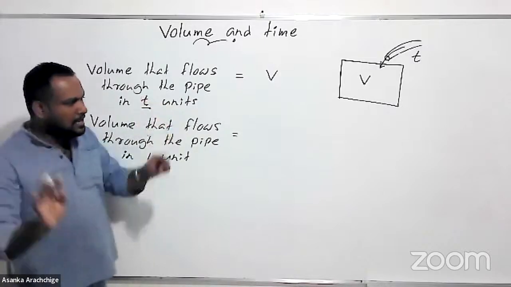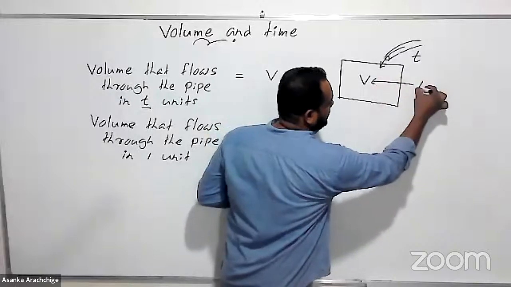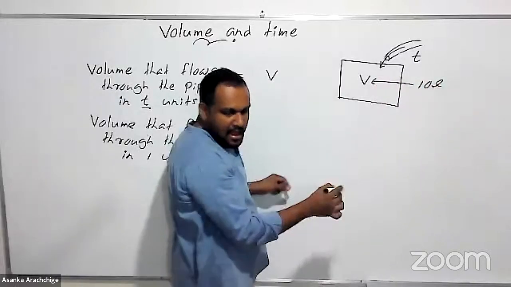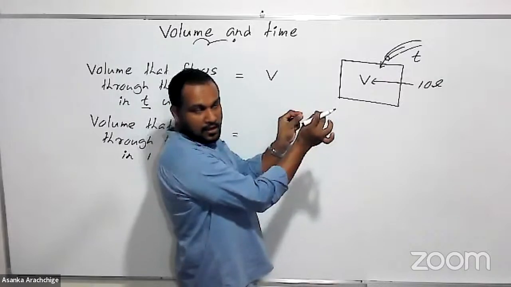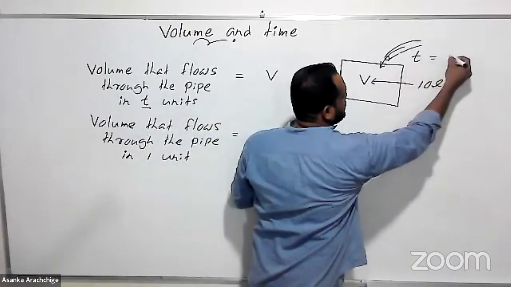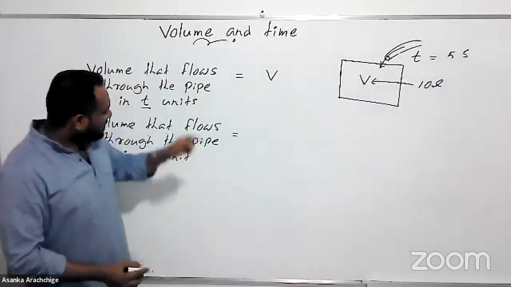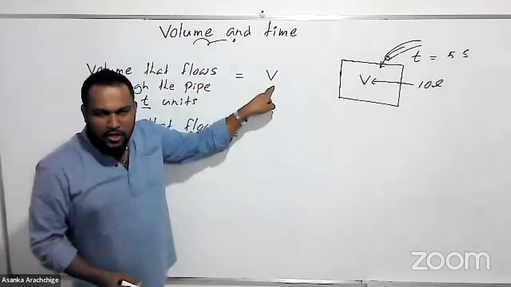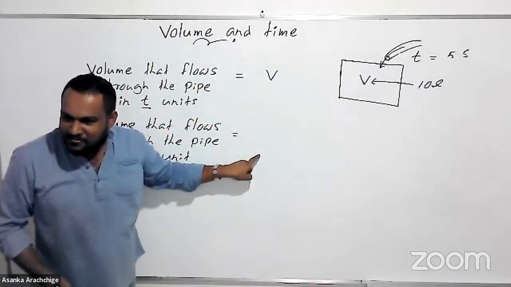Understood? Now for an example, think like this. If the volume is 10 liters and the time taken to flow this 10 liters is 5 seconds. In 5 seconds, the volume is 10 liters. In 1 second, divide 10 by 5, no?